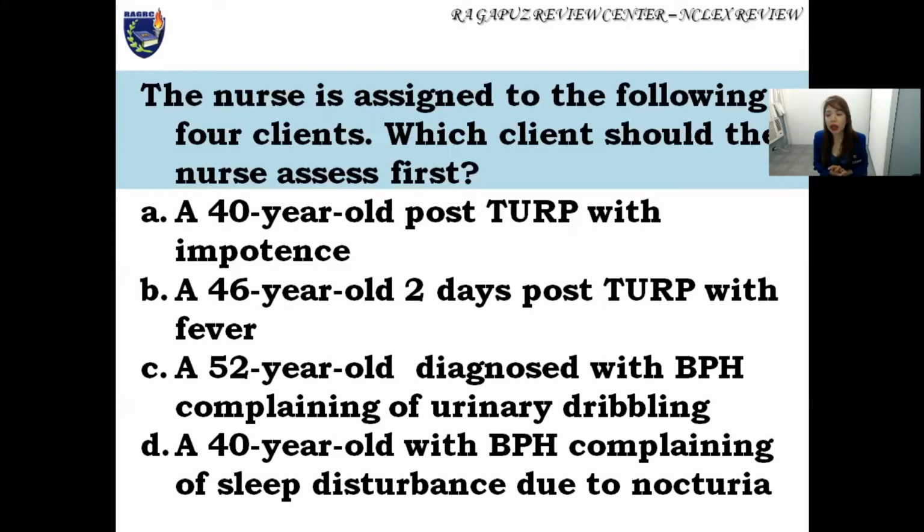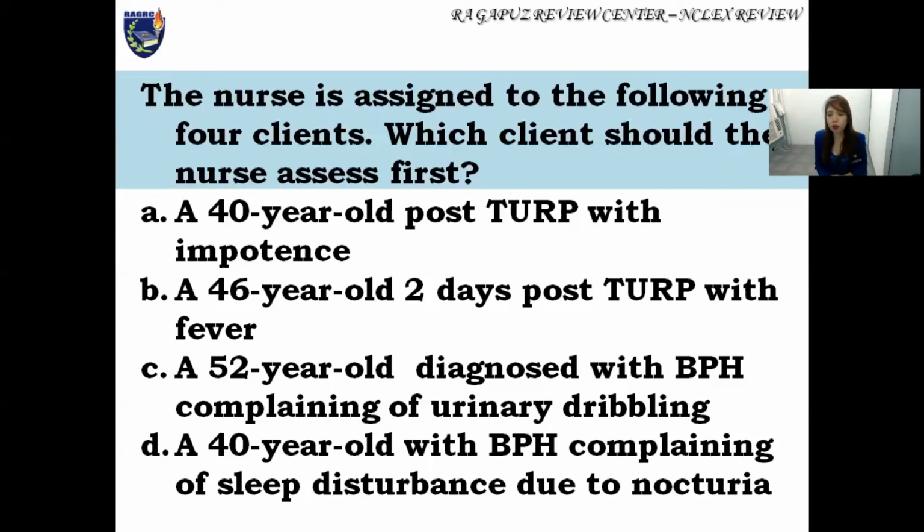There might be dysuria, which can interfere with the clients. So there might be nocturia. So letter C and letter D are both expected. Meaning to say that will leave us to choose between letter A and letter B.